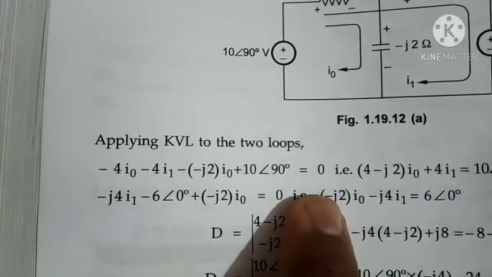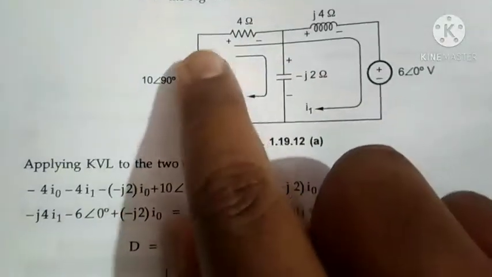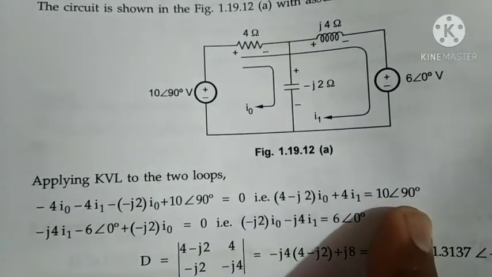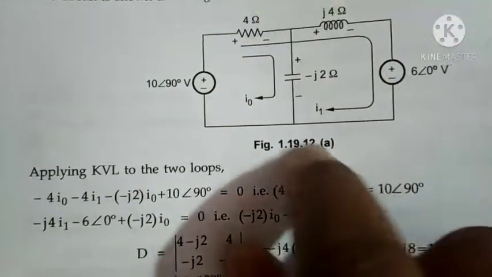After simplifying, we got the equation like this. Now we apply the KVL for the second loop.